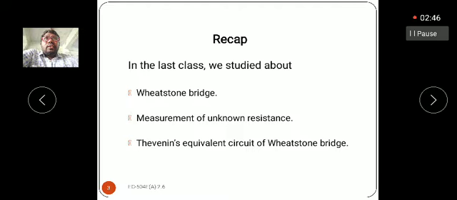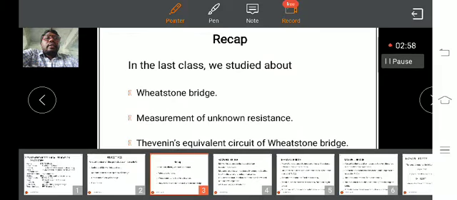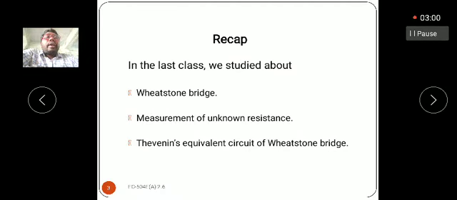If the circuit is bulky, that means more energy sources and more resistances are present, and you want to find the load response or the load power, then we use the Thevenin's equivalent circuit.